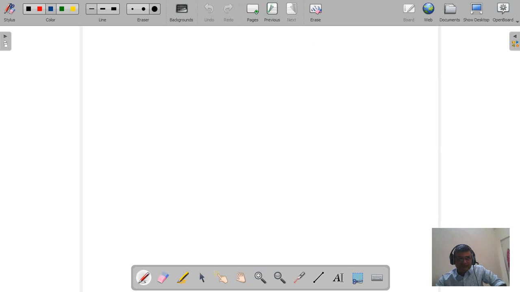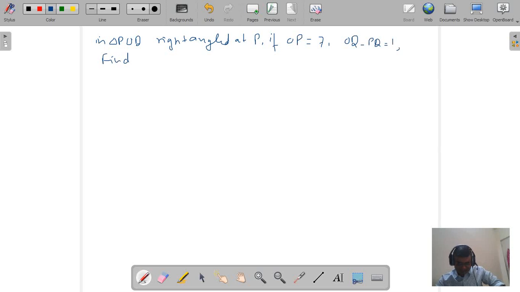In triangle OPQ, right angled at P, if OP is equal to 7 and OQ minus PQ is 1, find the value of sine Q. So this is the question we have to solve.